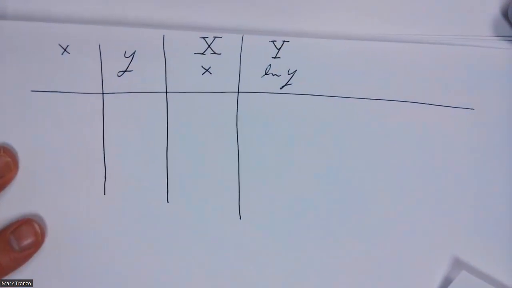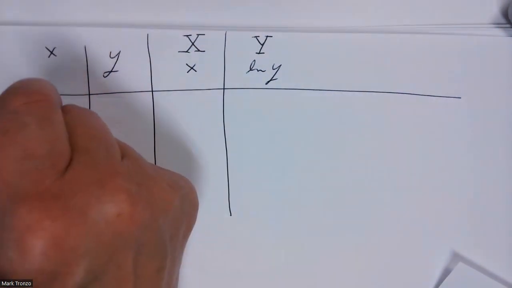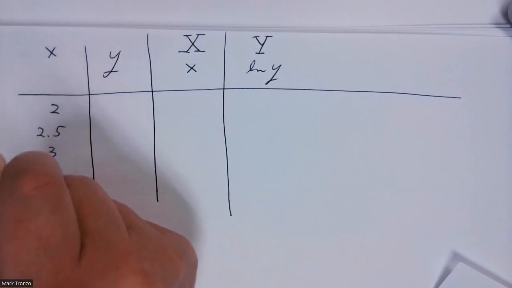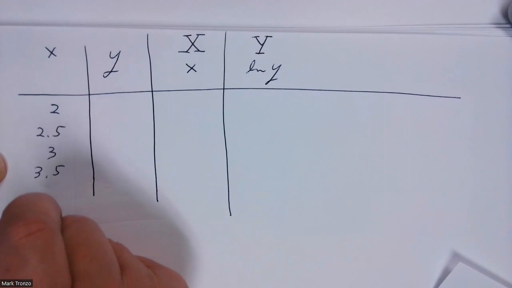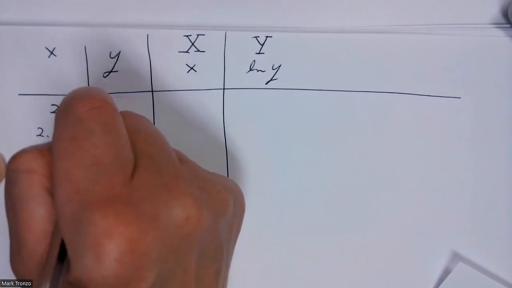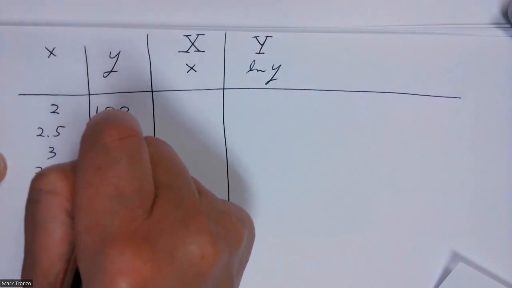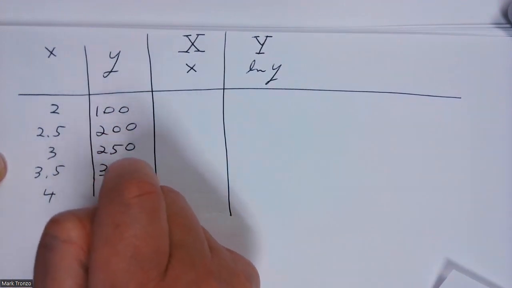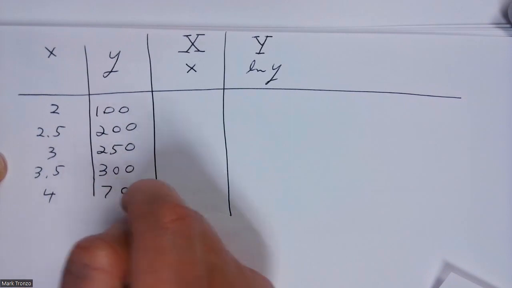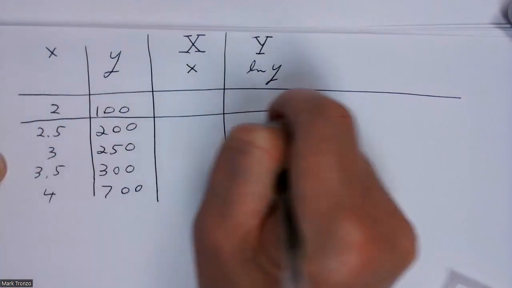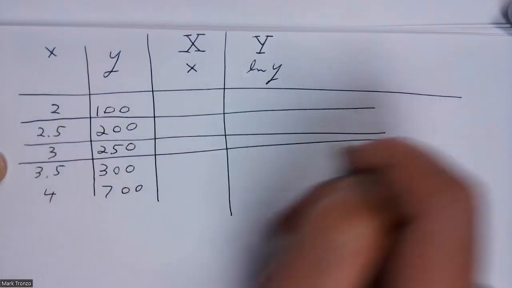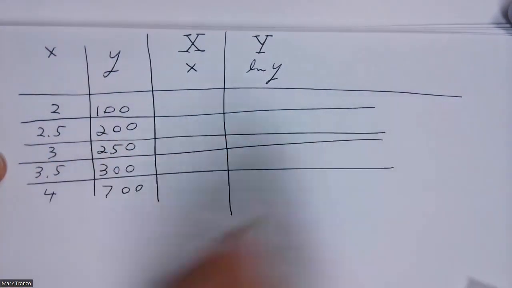Let's do our table. x is 2, 2.5, 3, 3.5, 4, and y is 100, 200, 250, 300, 700.